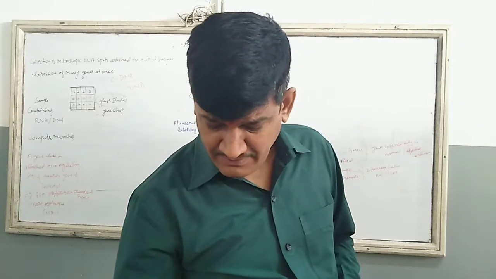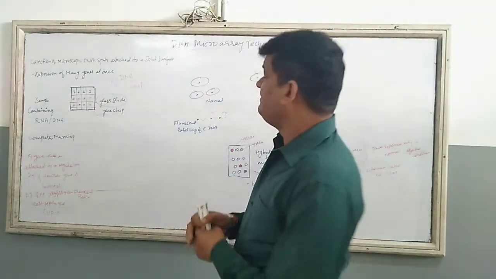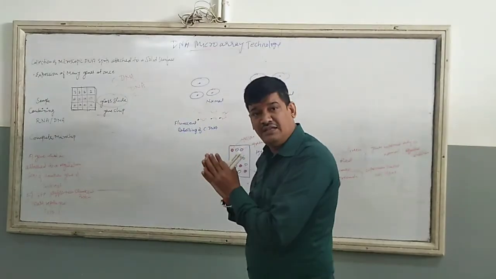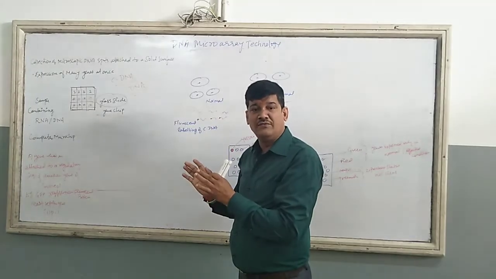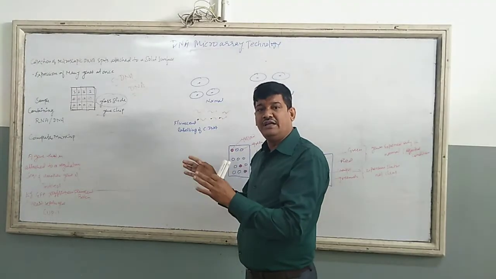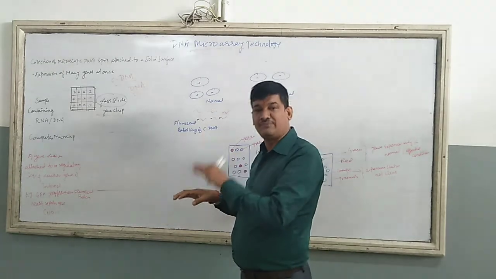The basic principle is that there is a large collection of DNA molecules, and if you want to know the functioning of a particular gene or DNA, whether it is expressing or not expressing.